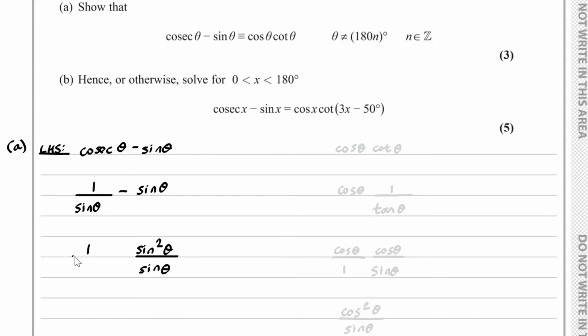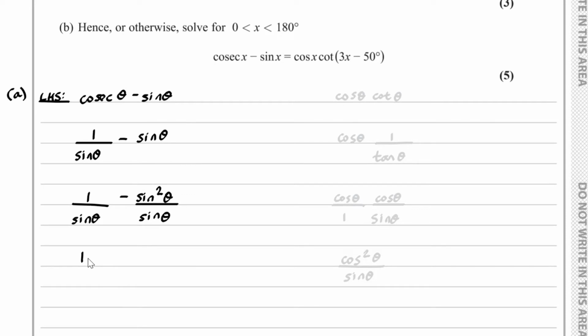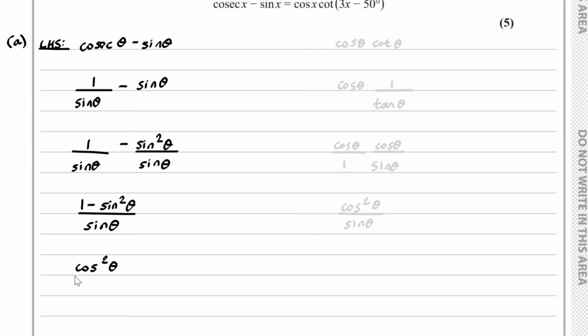So we have 1 over sine theta minus sine squared theta over sine theta. And we can combine these on the top. We have 1 minus sine squared theta, on the bottom we have sine theta. Now 1 minus sine squared is cos squared. So here we have cos squared theta over sine theta, which is what we have over here.